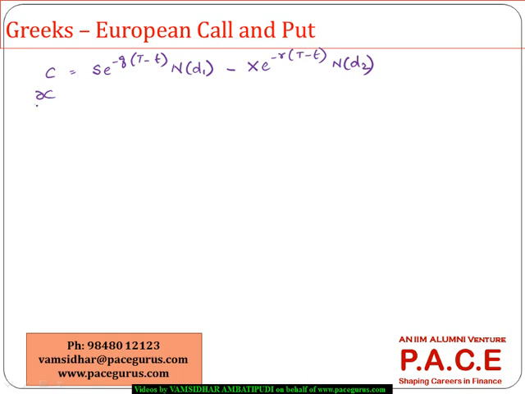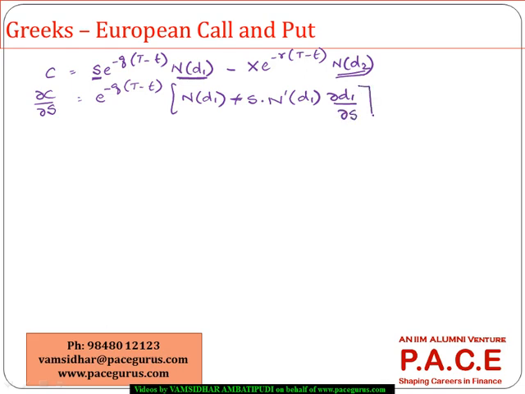Now I am taking the derivative of C with respect to S. In the first term, this contains S and even this contains S, whereas here only this contains S. So I'll take this common out, and when I'm doing the derivative here, it comes out as N(d1) times the derivative of S with respect to S, which is 1, plus S multiplied by N dash d1, where I'm taking the derivative of d1 with respect to S.